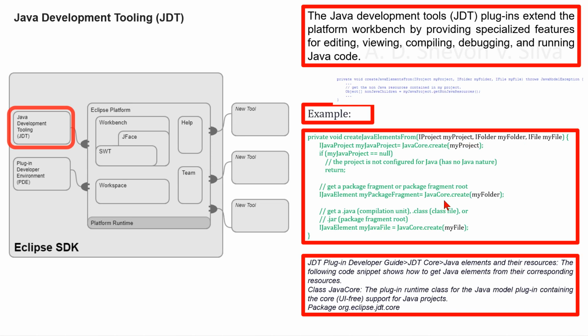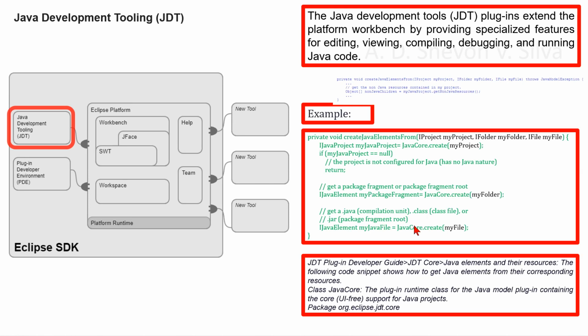The following code snippet shows how to get a Java element from its corresponding resource. The class JavaCore is the plugin runtime class for the Java model plugin containing the core UI-free support for Java projects. This is in the package org.eclipse.jdt.core.